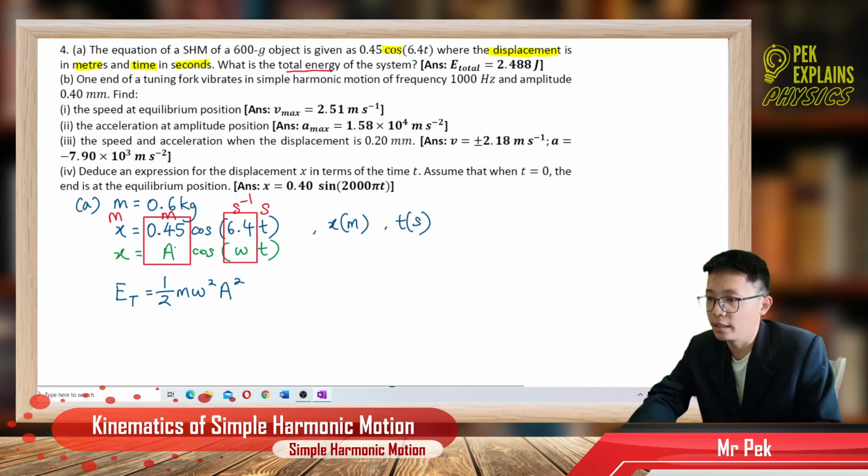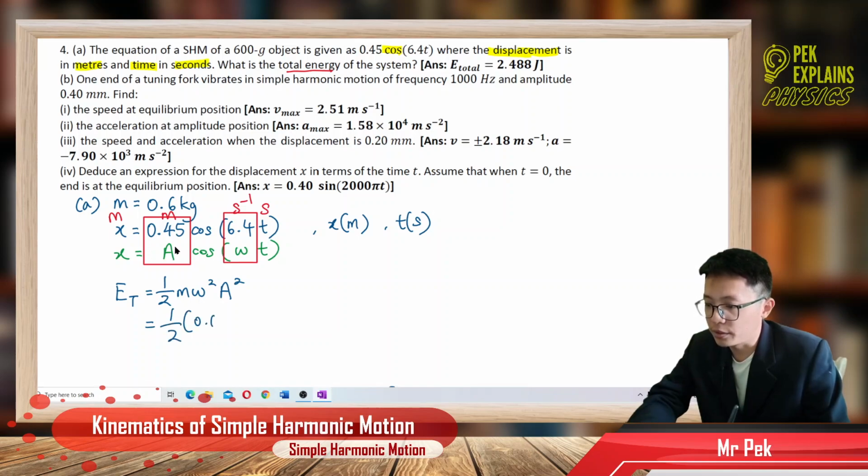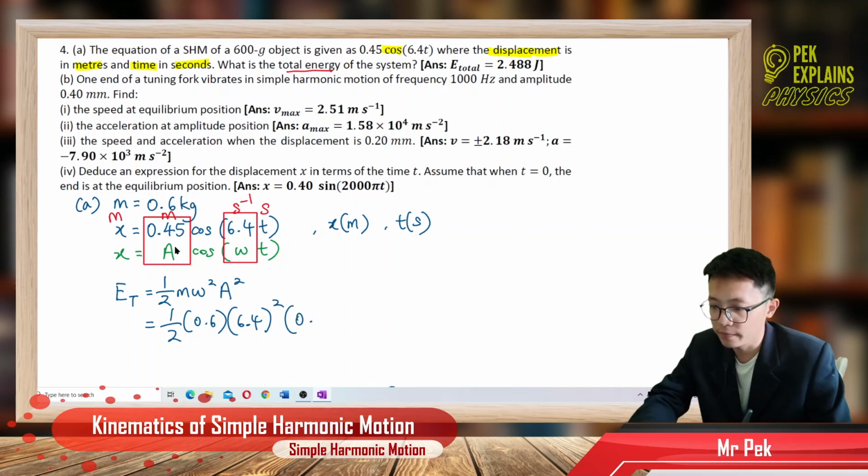So I just substitute everything. Mass is 0.6 kilogram, omega is 6.4 per second, and amplitude is in meter. All in SI unit, so just substitute with peace of mind.